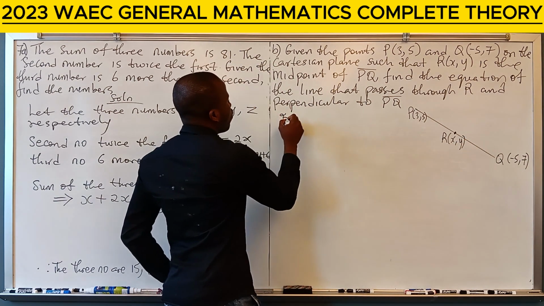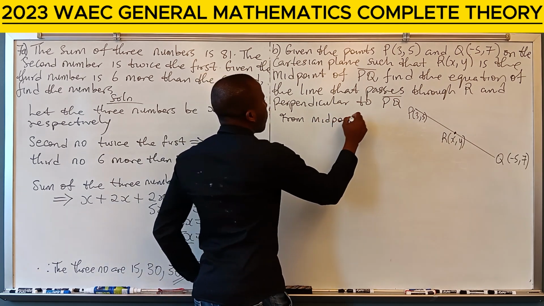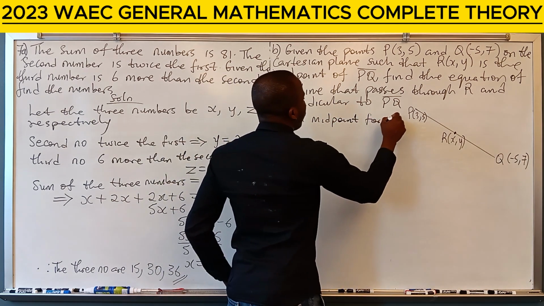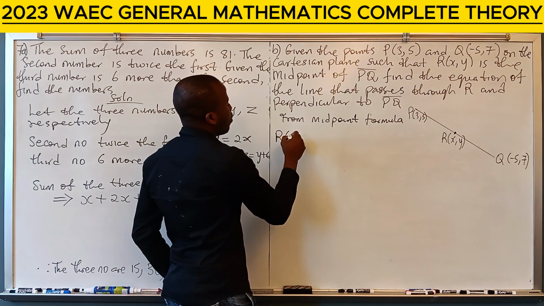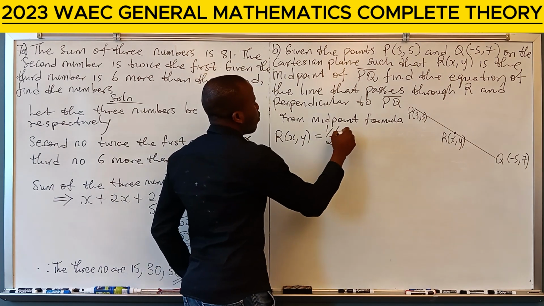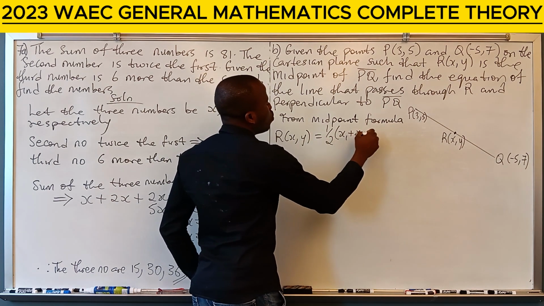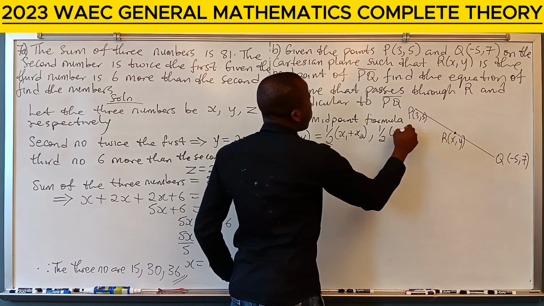So from the midpoint formula, we know that R (S, y) will be (half x1 plus x2, half y1 plus y2).